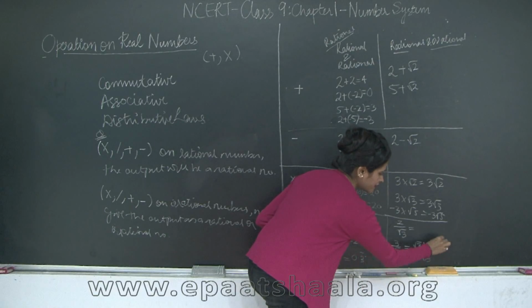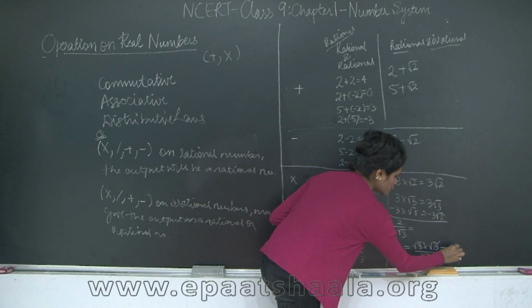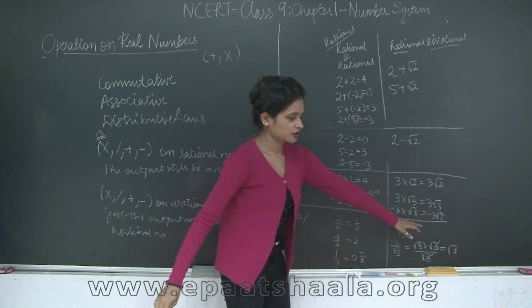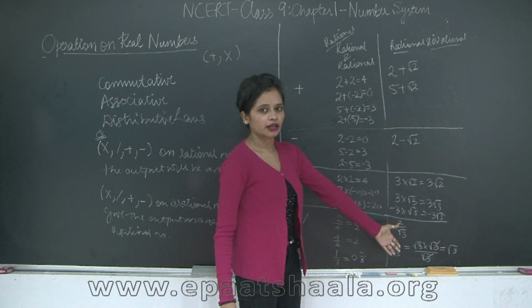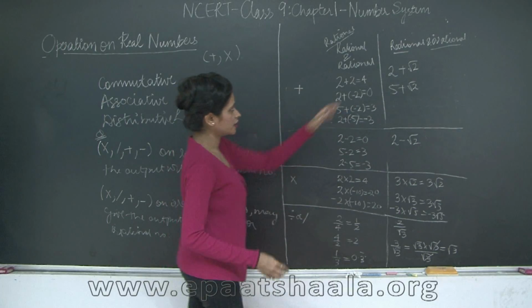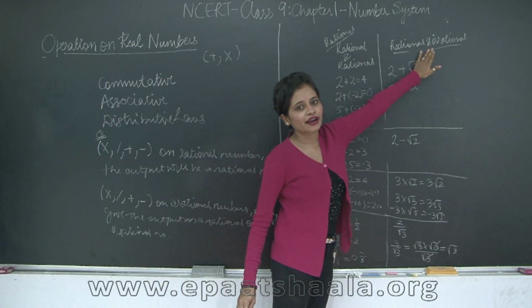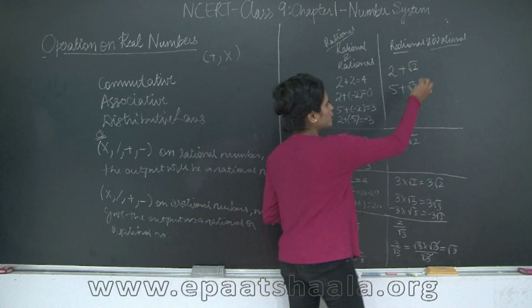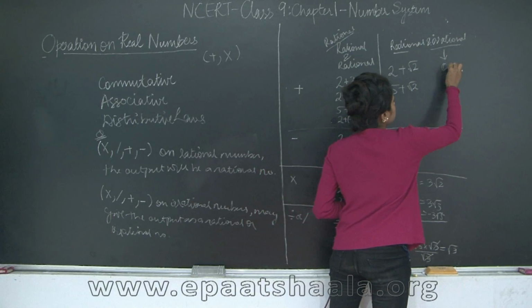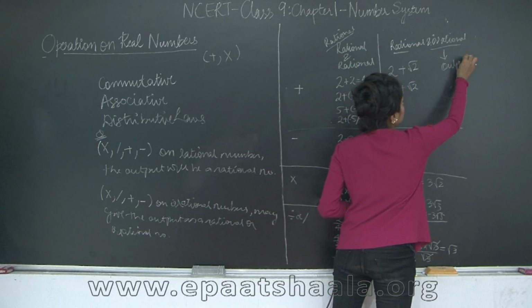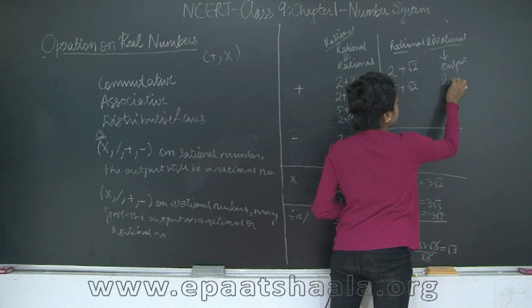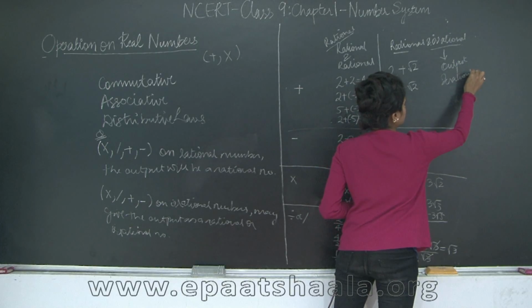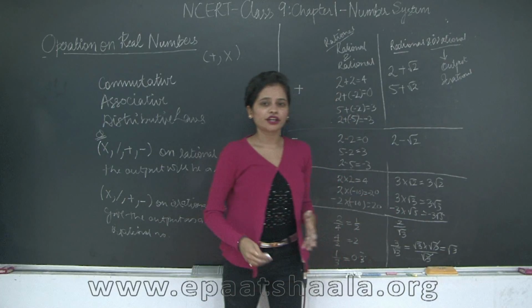So one of the root 3 will get cancelled, but my output here is root 3. So the root 3 again is an irrational number. So did you notice in this, when you take a combination of rational and irrational number, your output is always irrational.